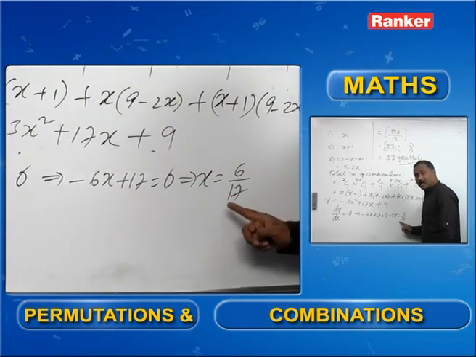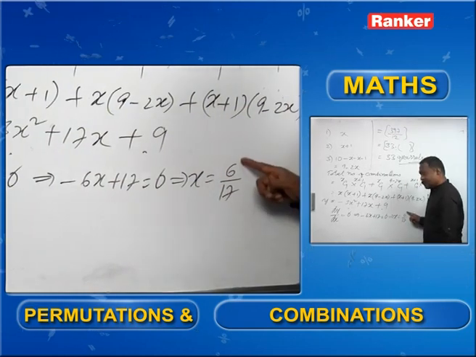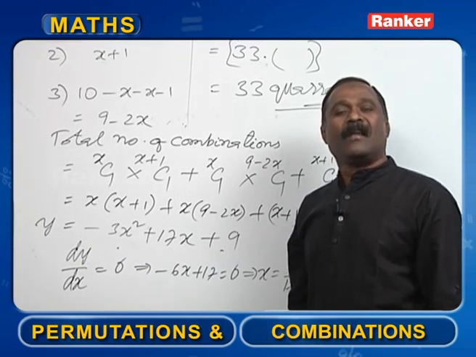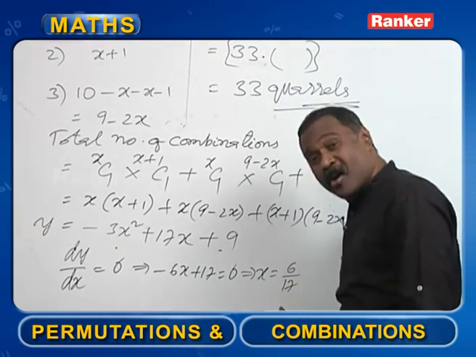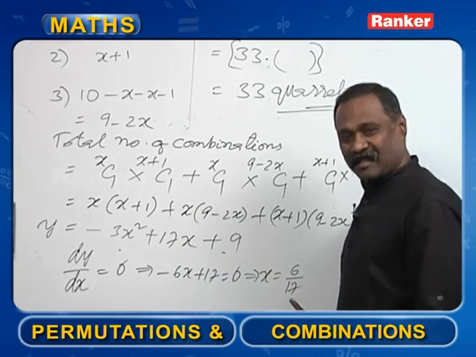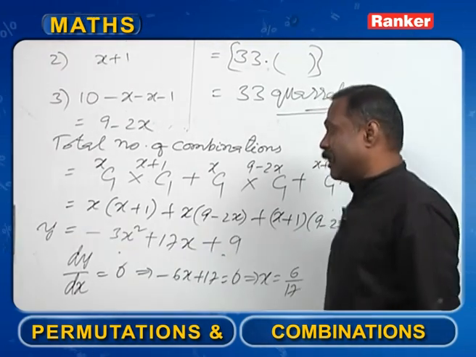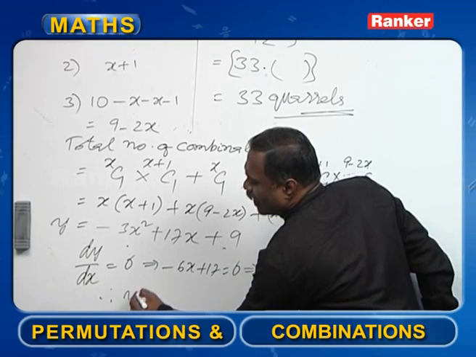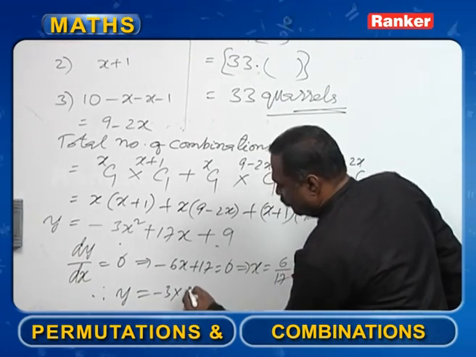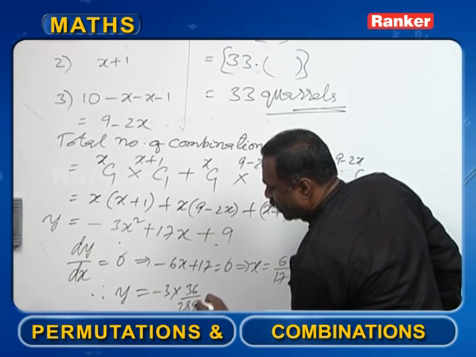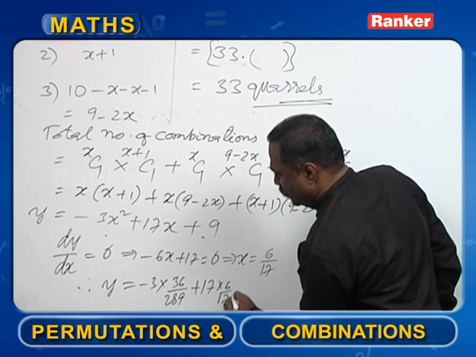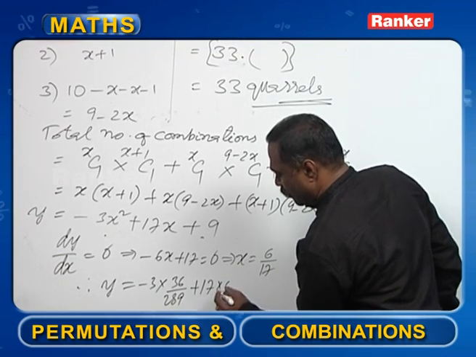That means at this value of x, y will have the maximum value. This is the x value where y takes its maximum value. Therefore, how do you get y here? y is equal to minus 3 into 36 upon 289 plus 17 into 6 upon 17 plus 9.